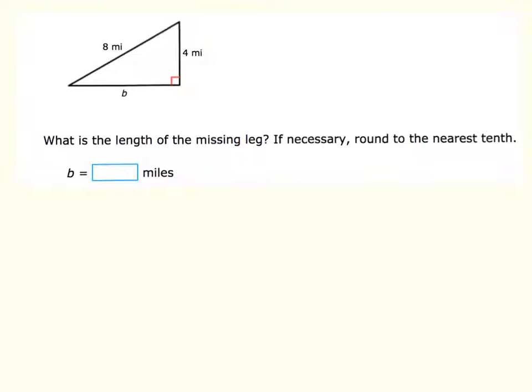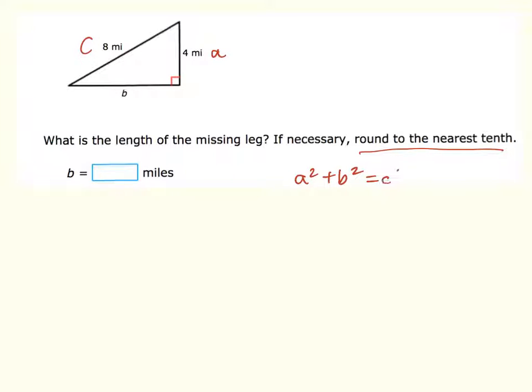Okay, last one, and again, this one's not going to be a perfect square. We're going to have to use our calculator, and we're going to have to round to the tenth place, which is one decimal place to the right of the decimal. Here's A, here's C. Start with the theorem.